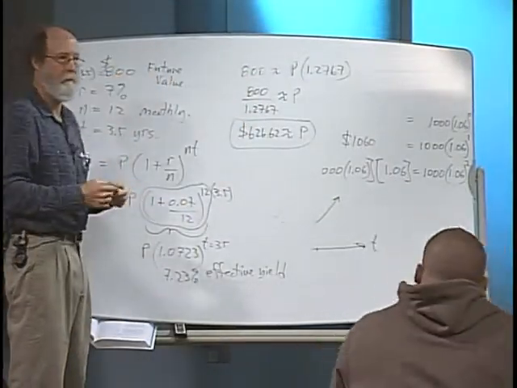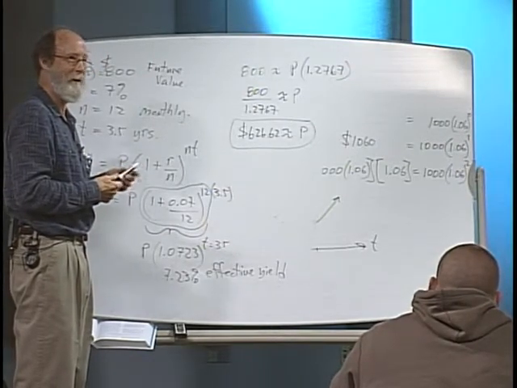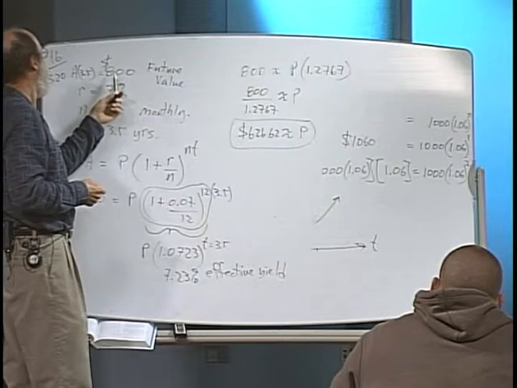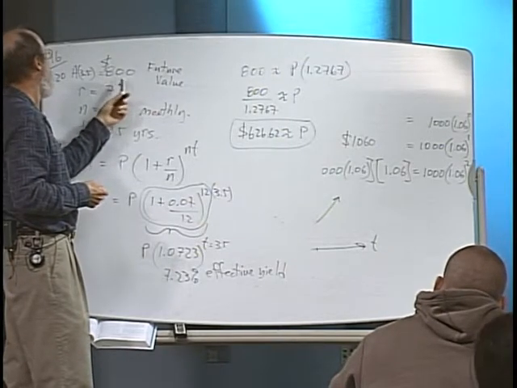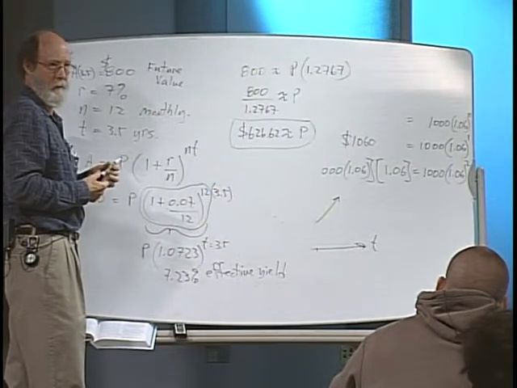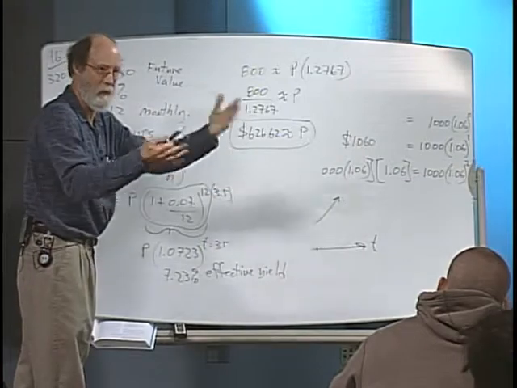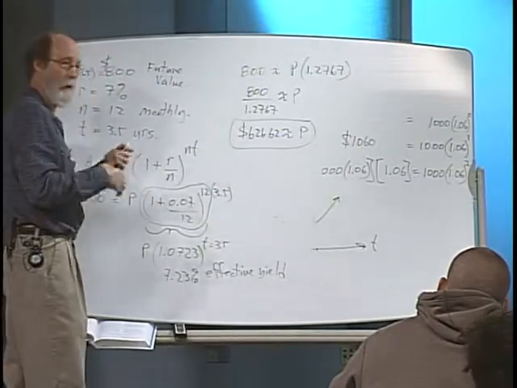Why don't you just stash $800? It's not enough money to bother with. Well, what if you wanted to buy a house for $80,000 or $800,000 in the future? Usually you take out a loan called a mortgage to do that for those large investments.